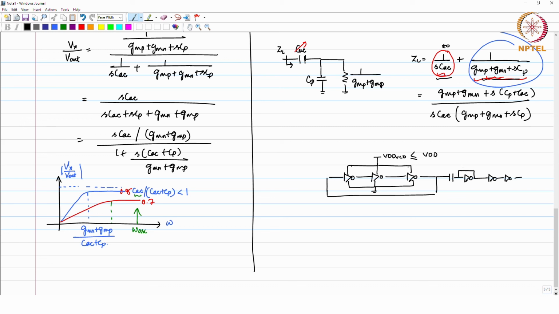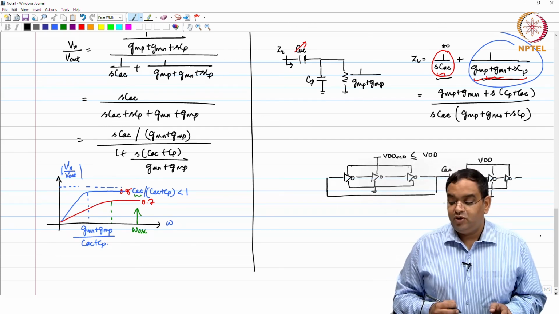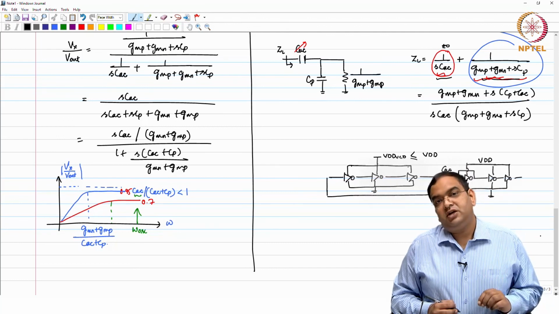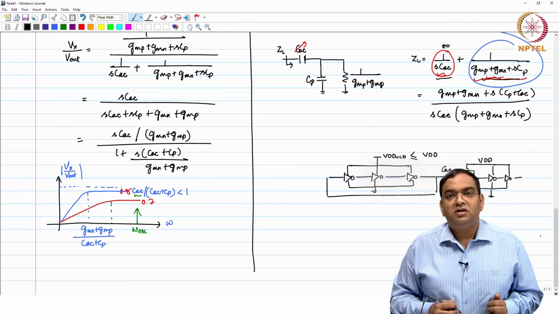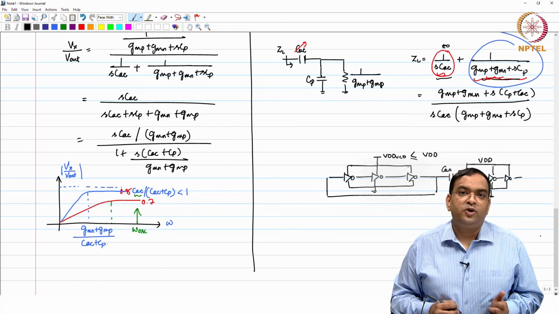Okay, this is connected here. All these are connected to full VDD. This CAC, you do not connect any CP. The CP capacitor will come on its own. Okay. That is how you convert the limited swing of the inverter to full swing, for the full swing clock at the output. Okay. Thank you.